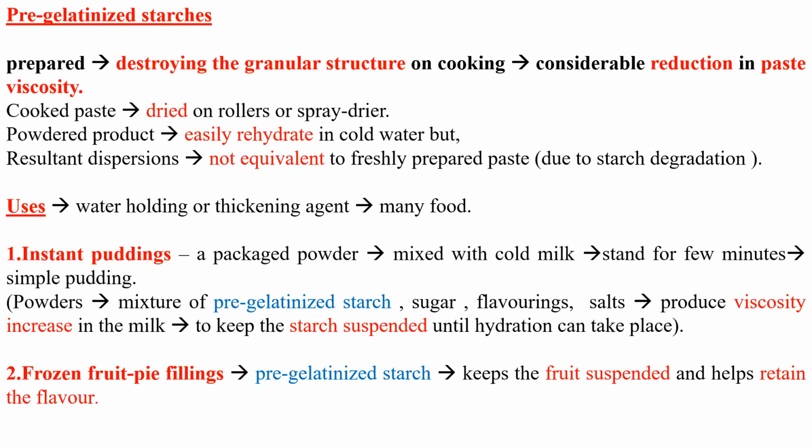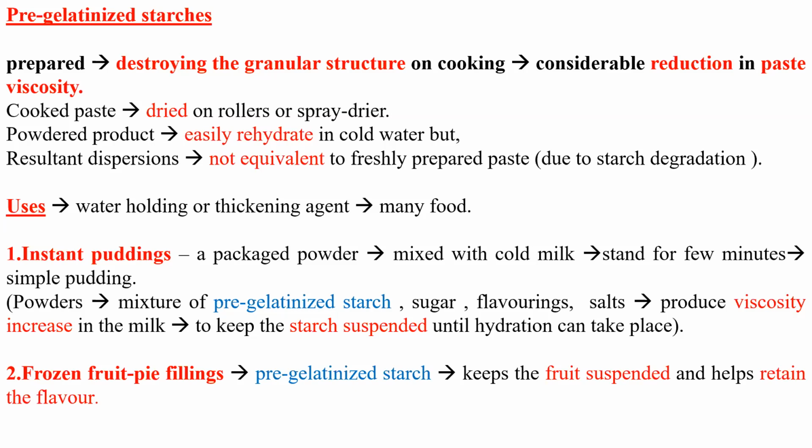For example, preparation of instant puddings and frozen fruit pie fillings use these pre-gelatinized starches. In preparation of instant puddings, a packaged powder is mixed with cold milk and allowed to stand for a few minutes. Then the pudding is ready.